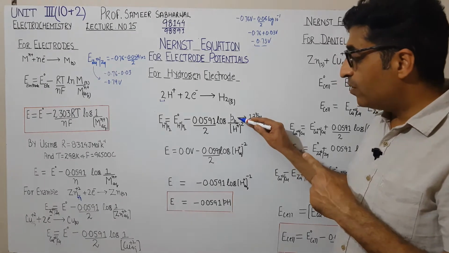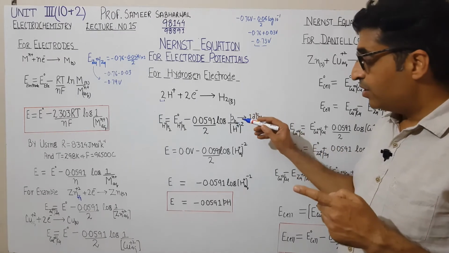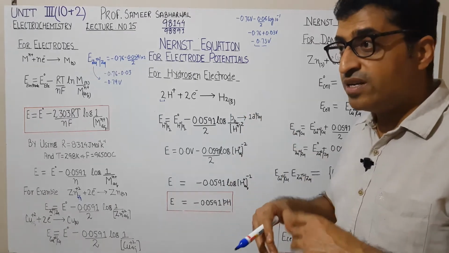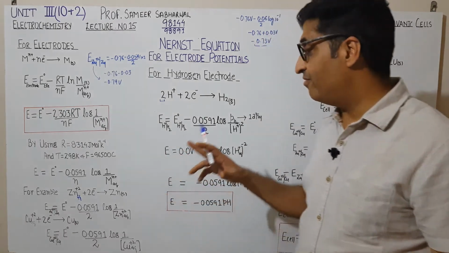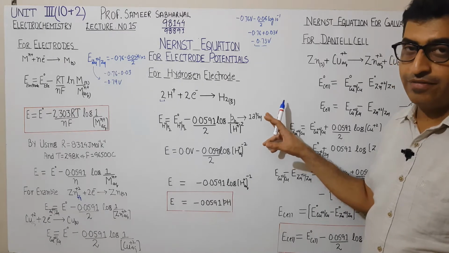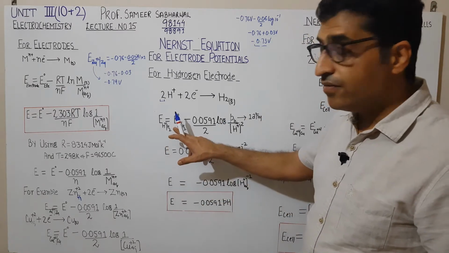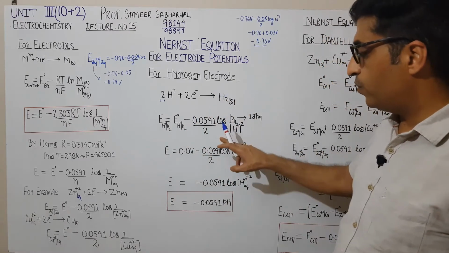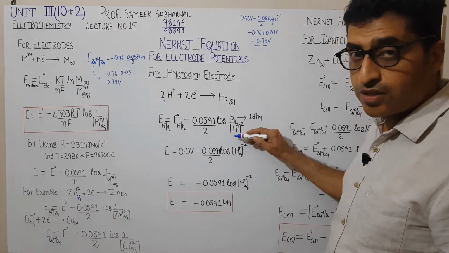Fine. Now we are taking pressure in this case to be 1 atmosphere or 1 bar, so I put 1 for pressure. Remember, if the pressure is given to be different from 1 atmosphere or 1 bar, you need to put that value of pressure here. This is really very important for us. Then the standard value of the hydrogen electrode is 0.0 volt, minus 0.0591 by 2, number of electrons transferred, log of 1 over H positive raised to power 2.